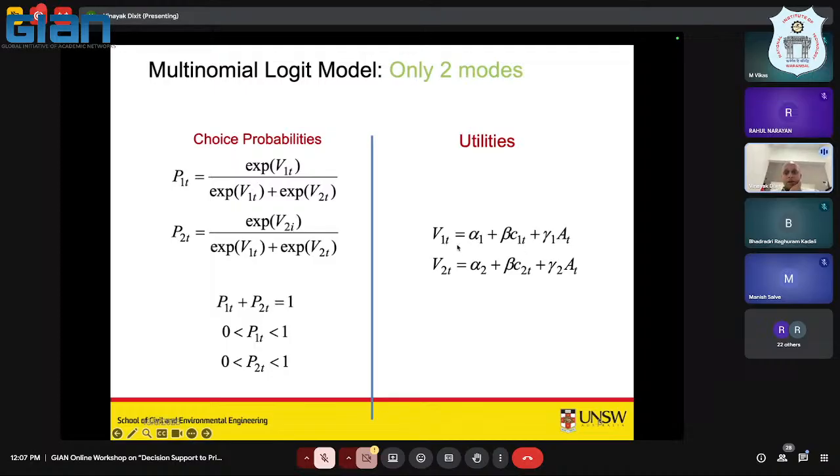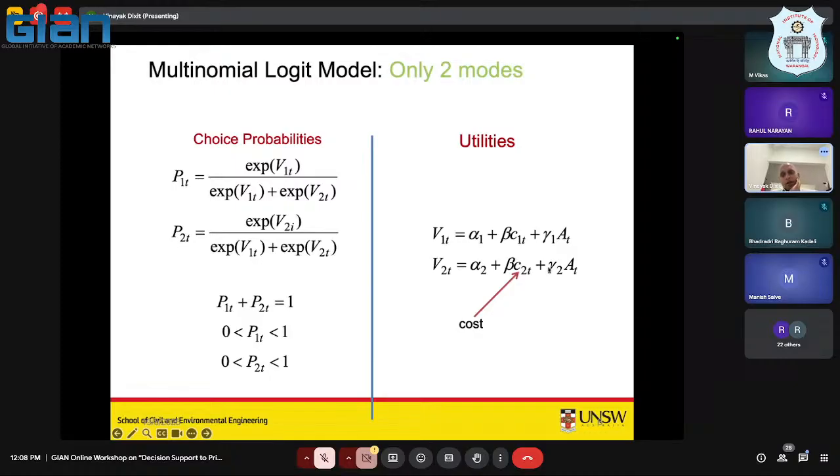So V1t is equal to alpha 1 plus beta C1t, where C1t is the characteristics of mode 1, plus gamma 1 At, which is the attributes of the person, the traveler. So the probability that traveler t chooses mode 1 is this, and the probability of traveler t choosing mode 2 is this.